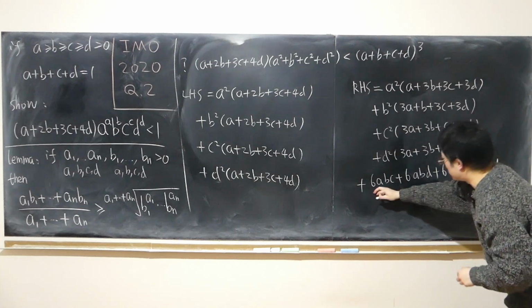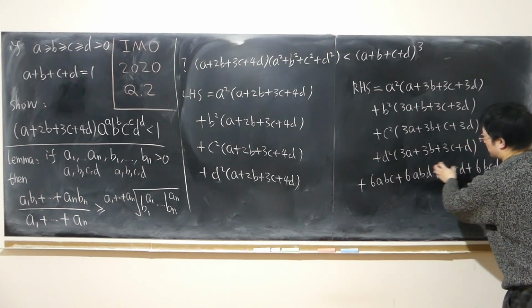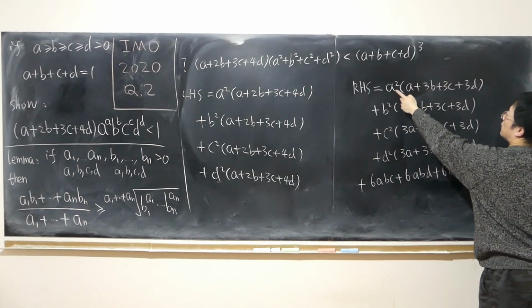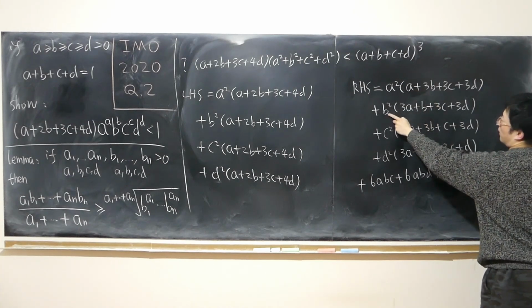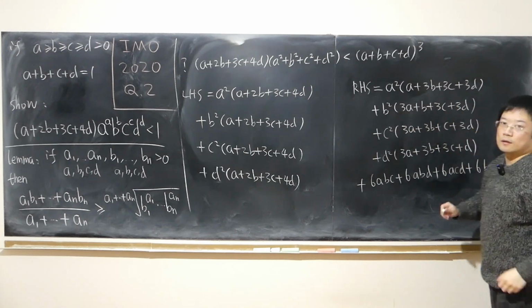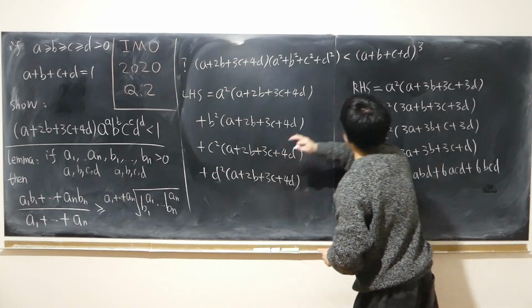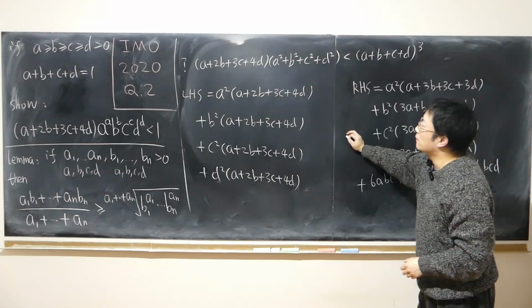Right? Notice all these terms, these terms are strictly positive, given it's true. And so the pattern here is that if it's A squared, then the coefficient of A is just 1. Right? If it's B squared, the coefficient of B is just 1. The others are just 3's. Right? So as long as we can show this is less than that, strictly less than that, then we're done.